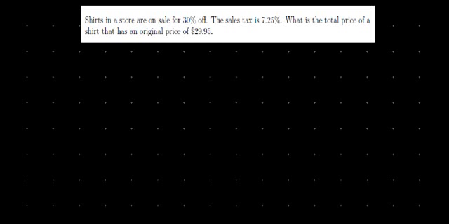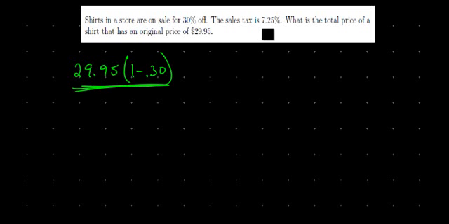We know that we have a shirt that costs $29.95, and we know that it is reduced by 30%. So we do 1 minus 0.30, and this is the new price. So that represents the new price, and then you take it to the cash register, and what the cashier does is bump it up by another 7.25%.